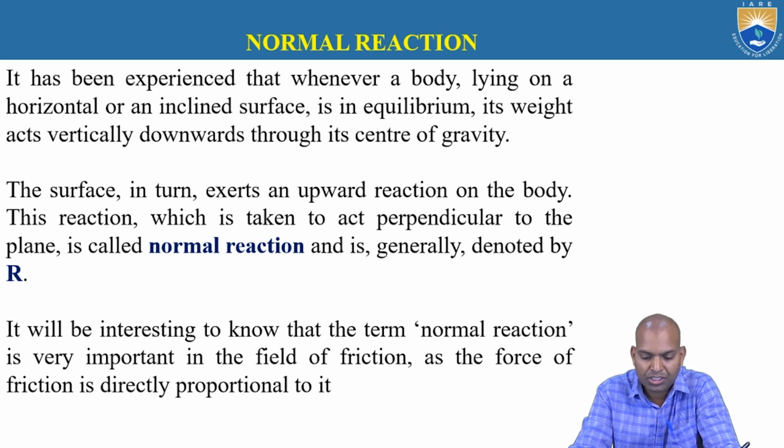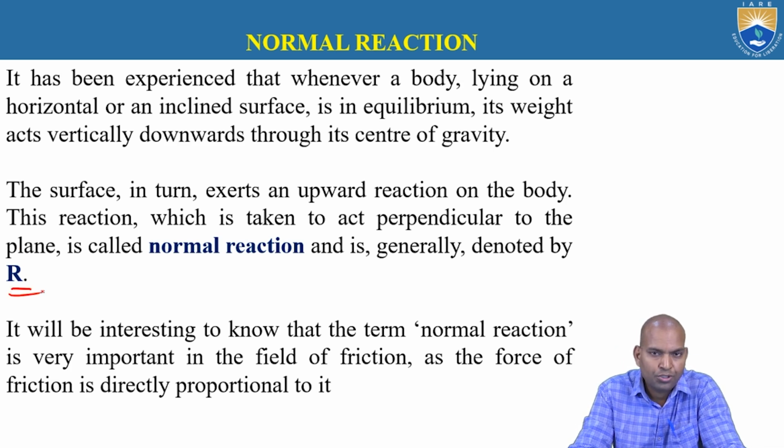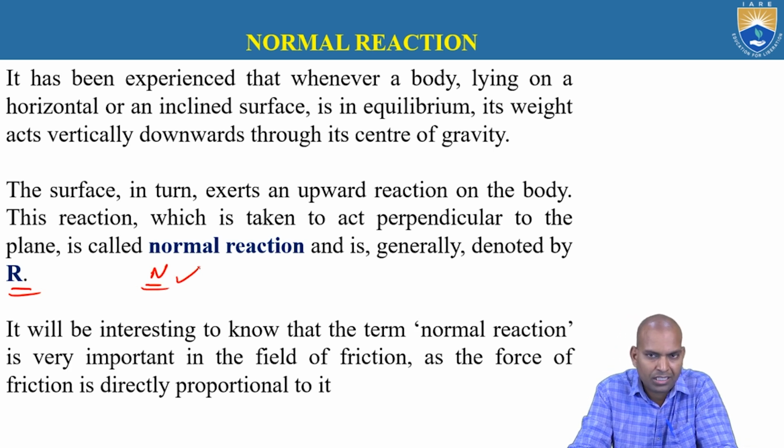Whereas the normal reaction always acts in the upward direction on the body, perpendicular to the plane of the surface, always normal to the plane, and is generally denoted by R. The unit for normal reaction is newtons, and the units for thrust and limiting friction are also newtons. The weight is also in newtons. Weight always acts downwards, passing through its center of gravity.